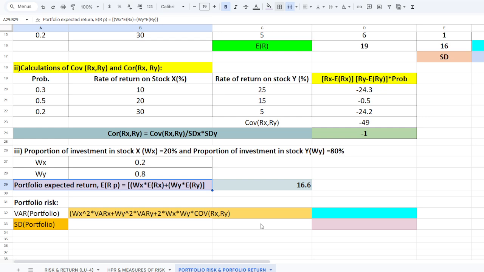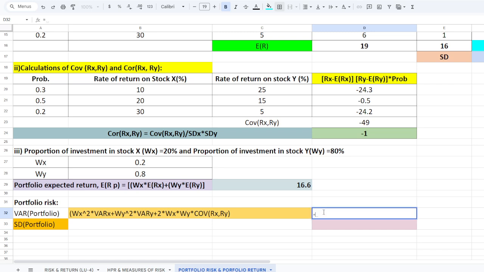Now what about the portfolio risk? Because when you are investing in more than one asset, one stock, it doesn't mean that you don't have risks. You would have a risk, but the risk would be minimum, I mean to say that. Now how do we calculate the variance of the portfolio? Then you have to recall this equation. I would explain again.